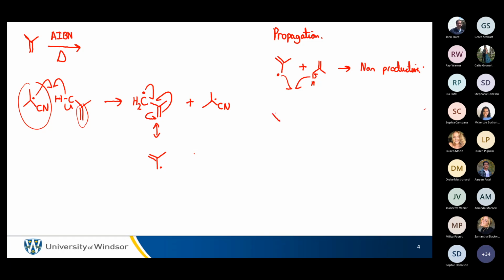So what it is going to do now, it's a primary radical, so it's also less hindered than that tertiary one we began with. So I think this is actually just generally preferred.